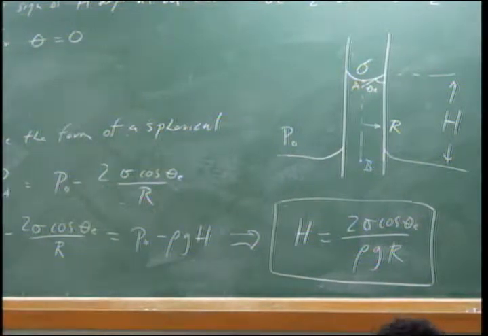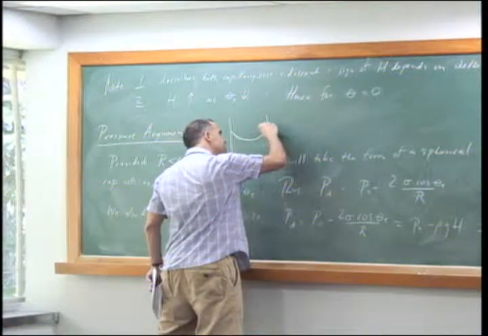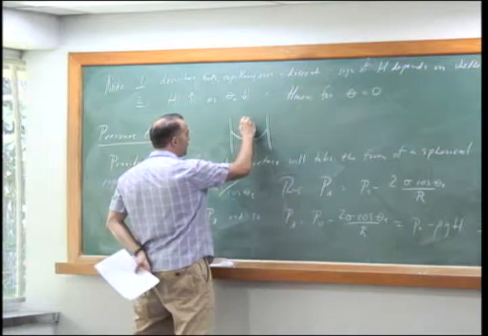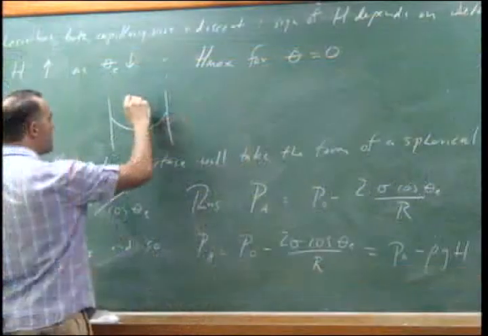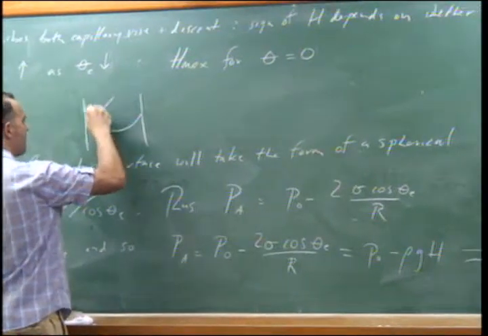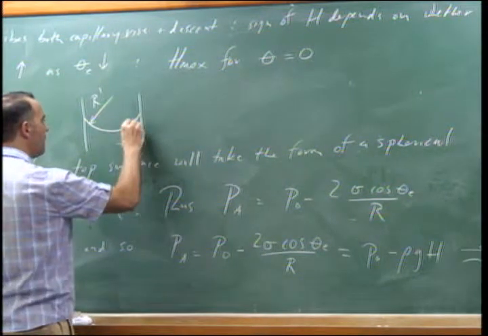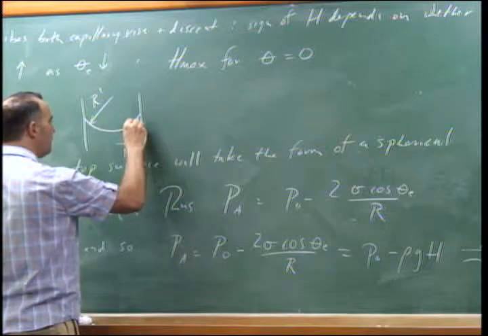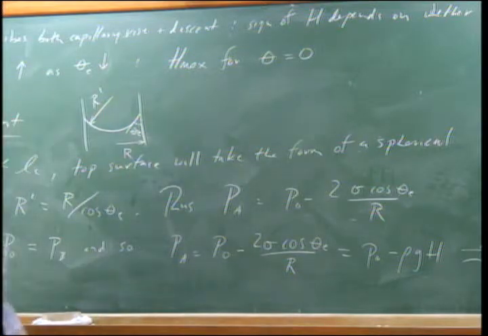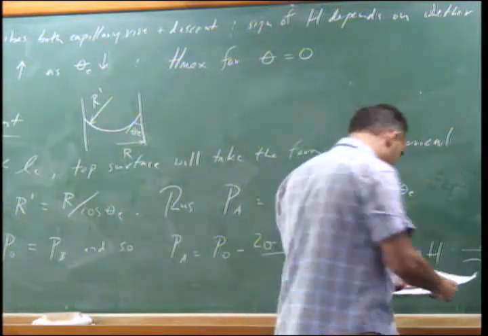Okay, so the only thing we have to do is calculate this. So this is the radius of curvature at the, right. So we say that's a spherical cap. And this is something that you have to convince yourself of because it comes up over and over again in these problems.